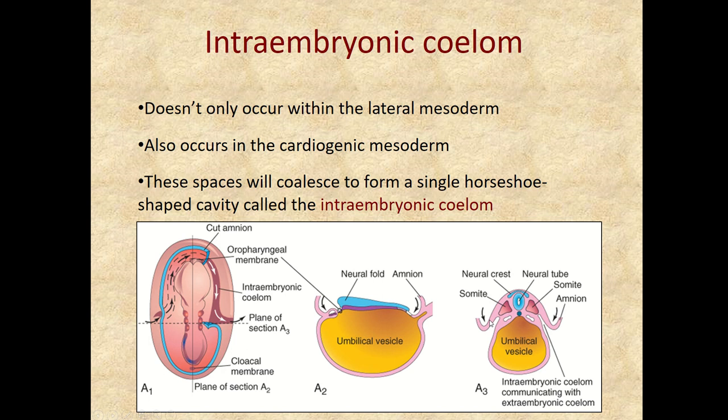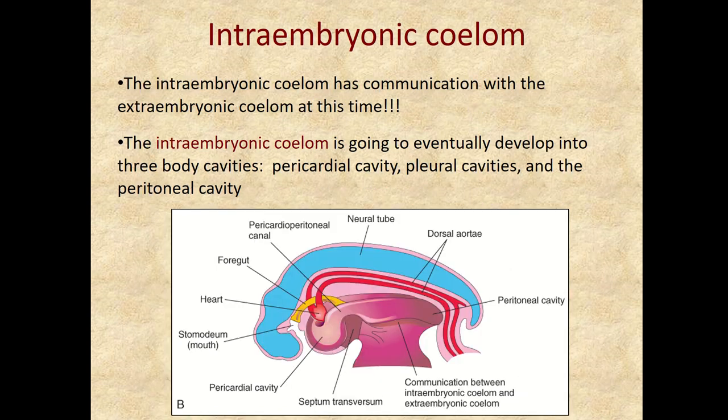So it's a lot bigger of a space, and it's communicating freely with the extraembryonic coelom. So we have this space inside that is a horseshoe shape, goes all the way up through the midline, comes on the other side, and communicates outside of the developing embryo with the extraembryonic coelom that was talked about in the first 2 weeks of development.